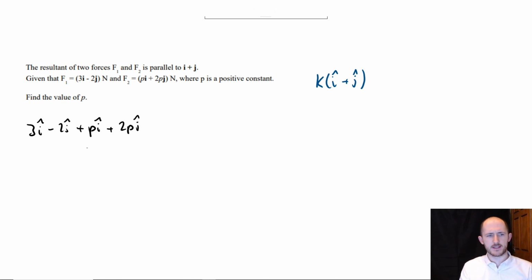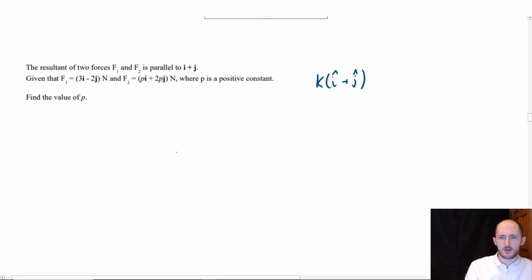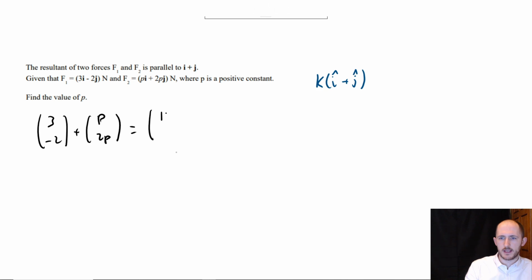And again, you could have done this as a column vector. So as a column vector, it would look like this: 3 plus p, minus 2 plus 2p, equals k. So we have two equations now. We have 3 plus p equals k, and we also have minus 2 plus 2p equals k.